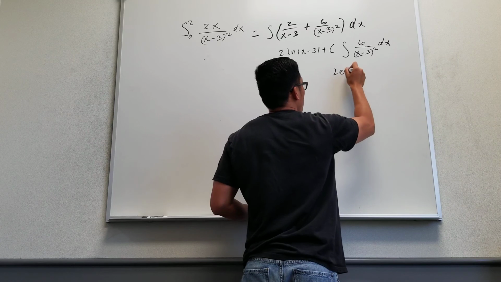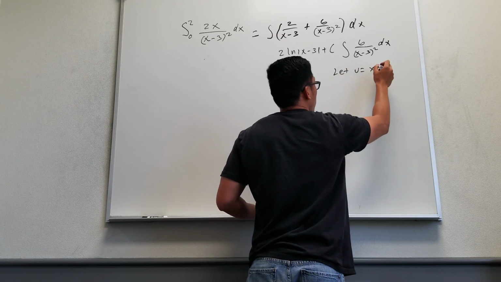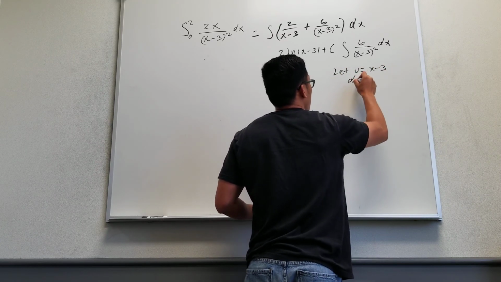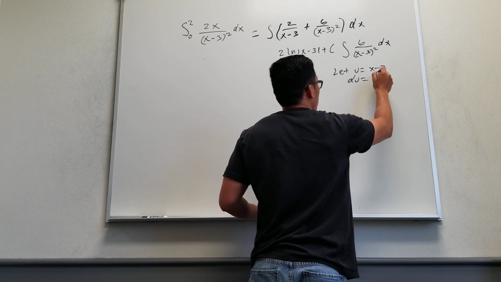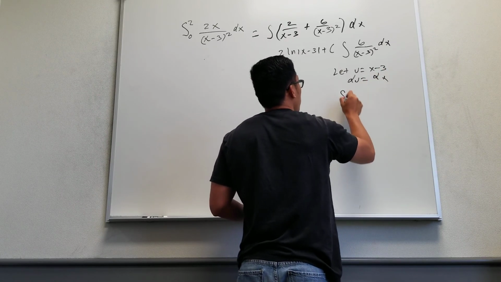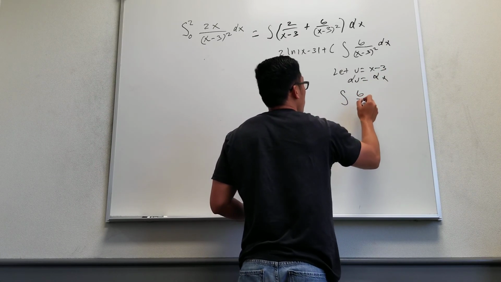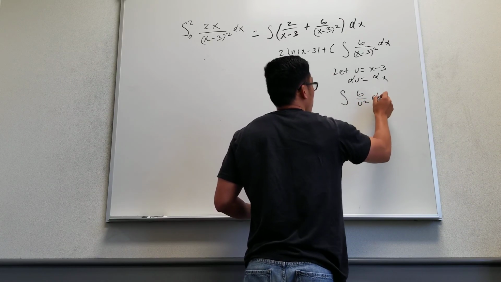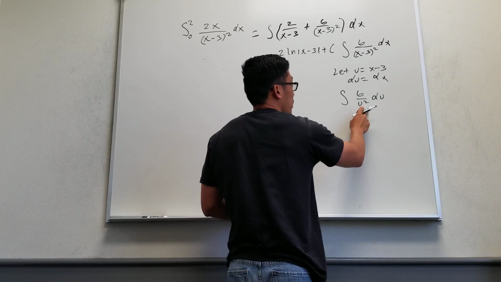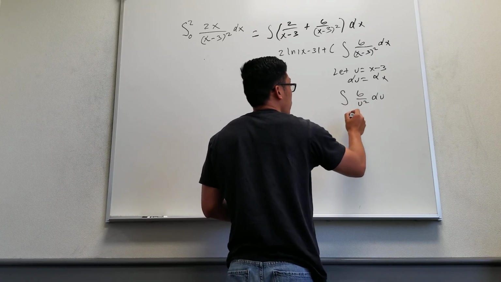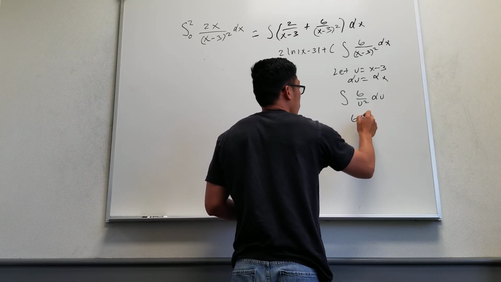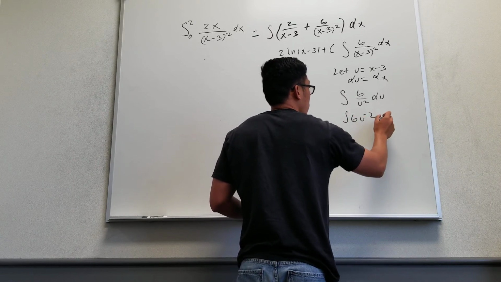So let's just think about it. Let u equal x minus 3, so du is equal to dx. So this is really 6 over u squared du. Like the same thing I did before, this is really 6 times u to the negative 2 du.